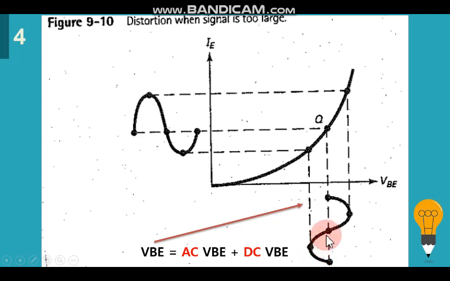There is an AC variation in VBE like this. This is the graph of your Q point. This is the Q point, your DC Q point. But you know that your VBE now will be a combination of AC VBE plus DC VBE. That is a total VBE.